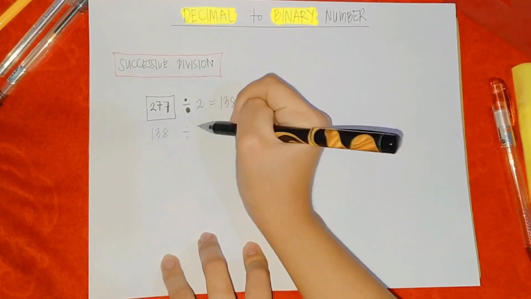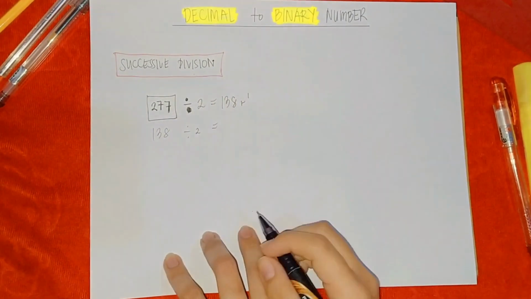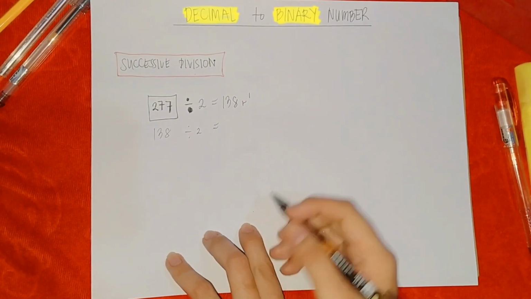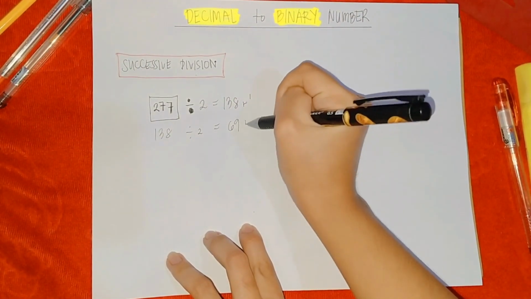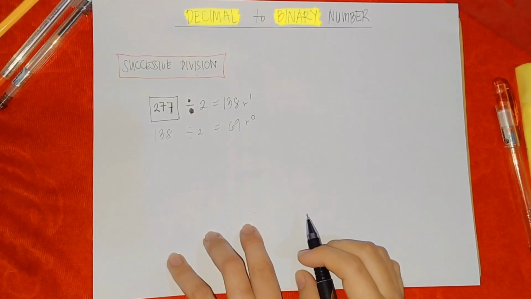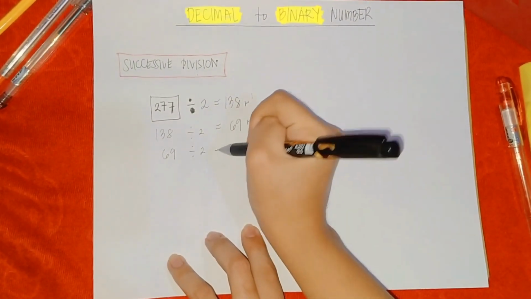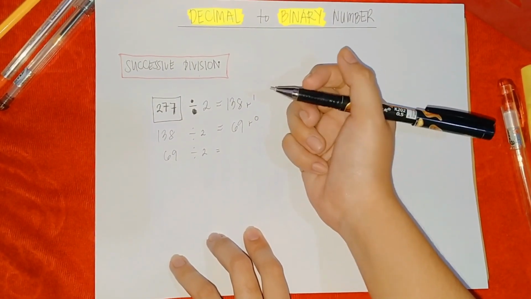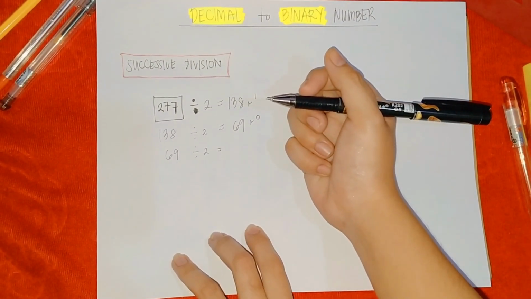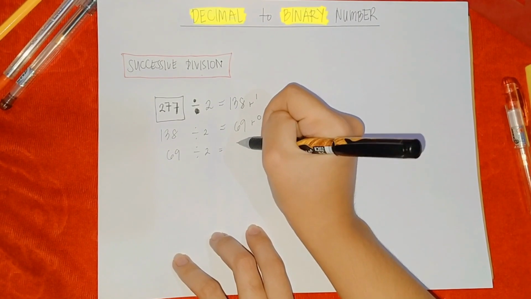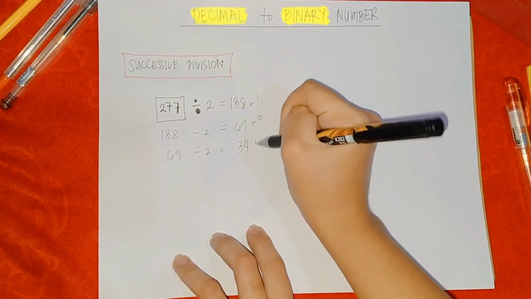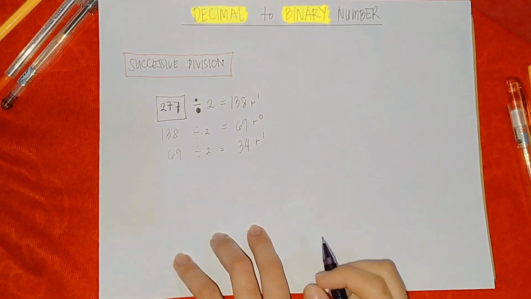The next thing that we should do is divide 138 by 2. So it should be 69 remainder 0. Then 69 divided by 2 is equal to 34.5. That means that we should put it as 34 remainder 1.